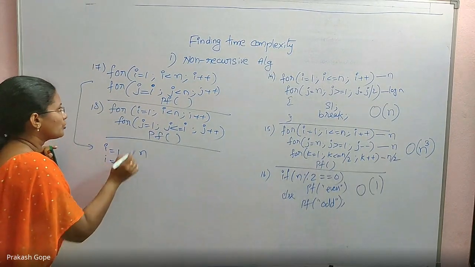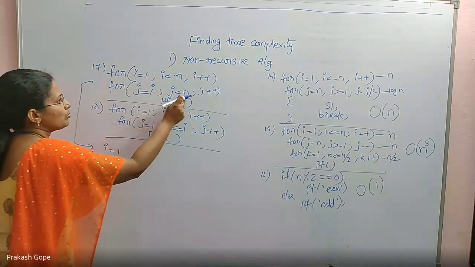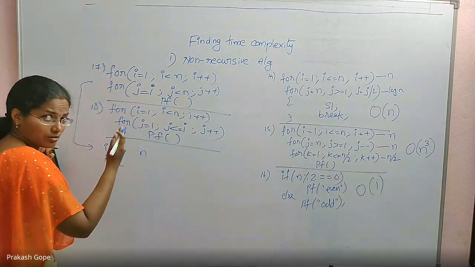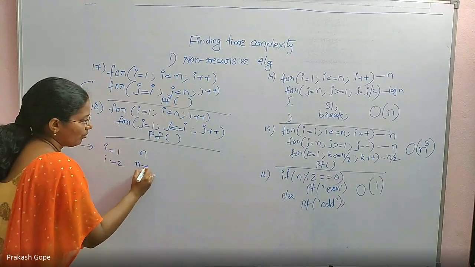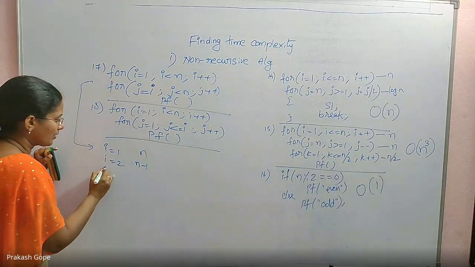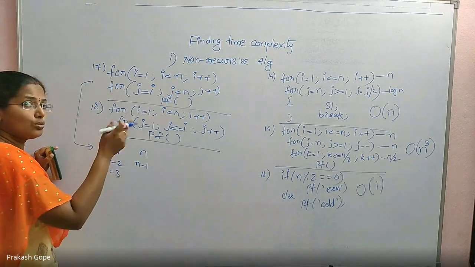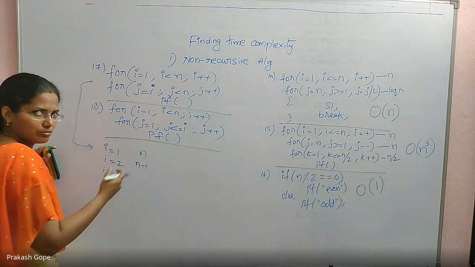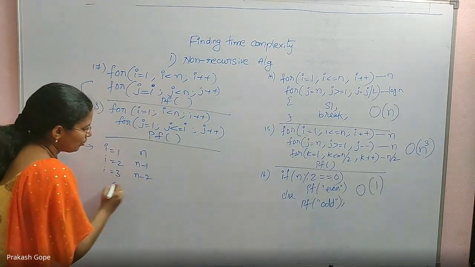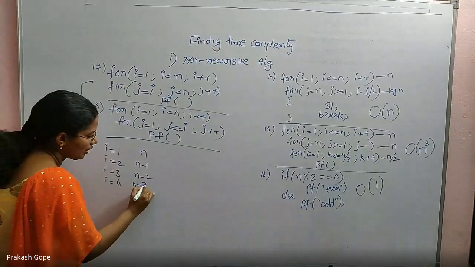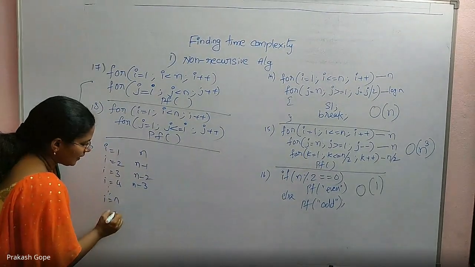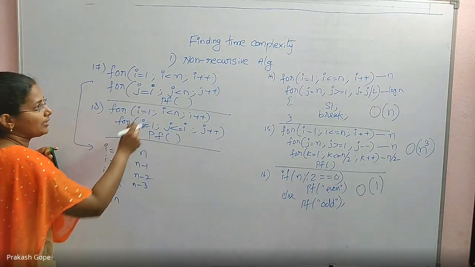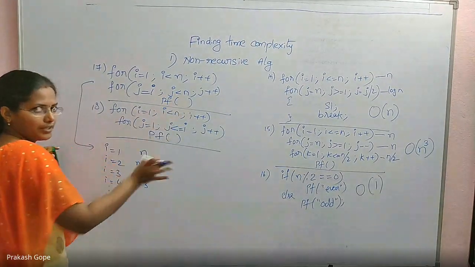But when i becomes 2, it starts from 2, goes till n, so one iteration is skipped. Only n minus 1 iterations will be there. When i is 3, 2 iterations are skipped because it starts from 3, 3 to n, which means n minus 2 only. When i is 4, n minus 3 only. When i is n, only one iteration, or 0 iterations.